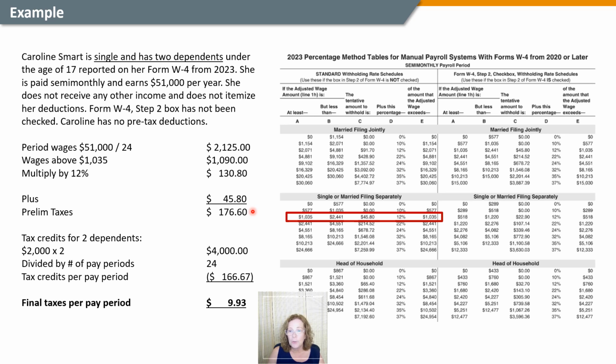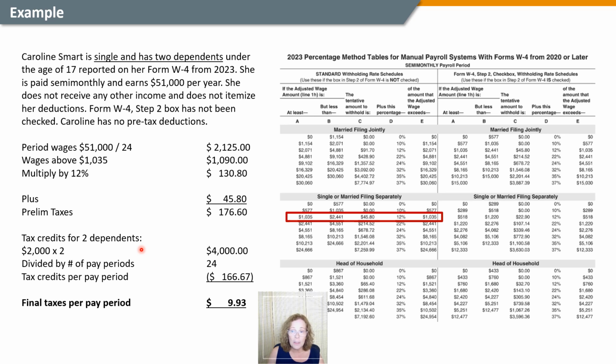However, we still need to give Carolyn credit for having dependents. Each dependent under 17 is worth $2,000 in tax reductions per year. Please note that the $2,000 only applies to dependents under 17. For other dependents, we use the lower amount of $500.